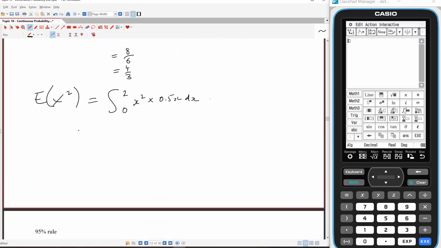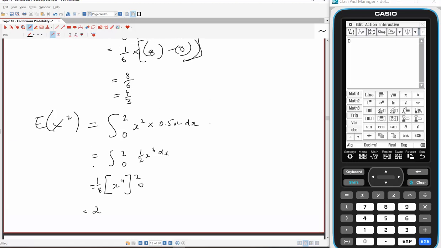Yep. So this is going to be the integral from 0 to 2 of half x cubed dx. That goes to the 4, divided by 4 is an eighth. So it's 1/8 x to the 4, from 0 to 2. 2 to the 4 is 16. I know that this will be 0, so it's 16 over 8, which is 2.